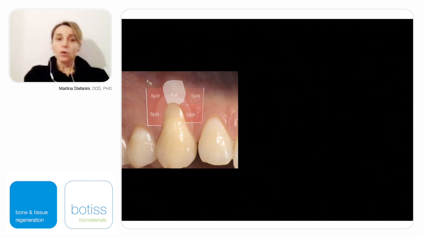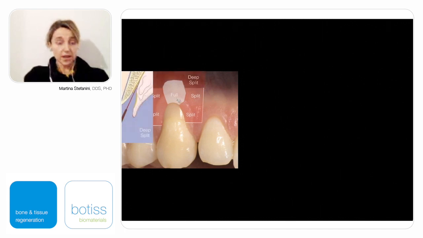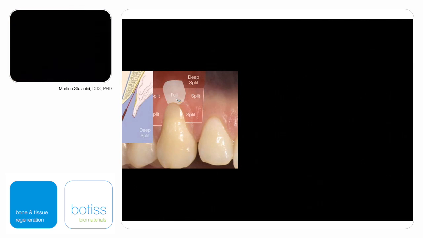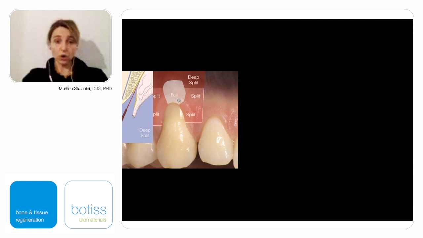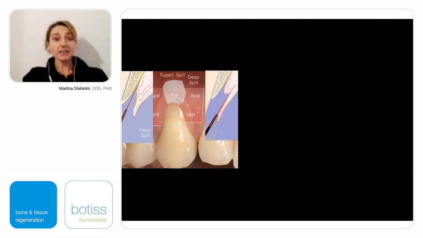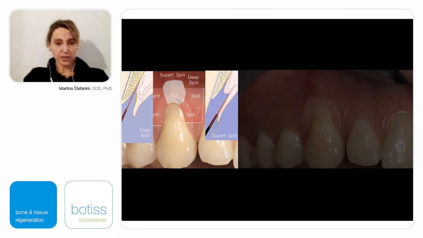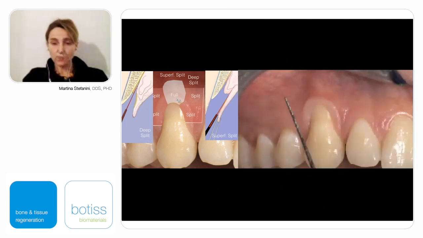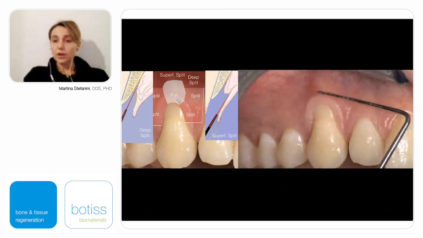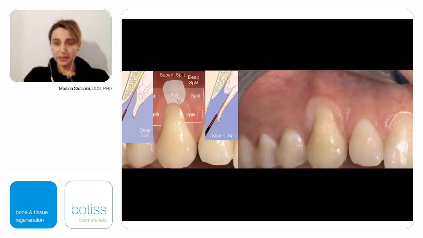And then we connect the vertical releasing incision with the central portion of the flap, split thickness. And then, in order to allow the coronal advancement of the flap, we need to perform the so-called deep split thickness incision and the superficial split thickness incision that will allow the coronal advancement of the flap. But let's go to the surgical video to see exactly the procedure.